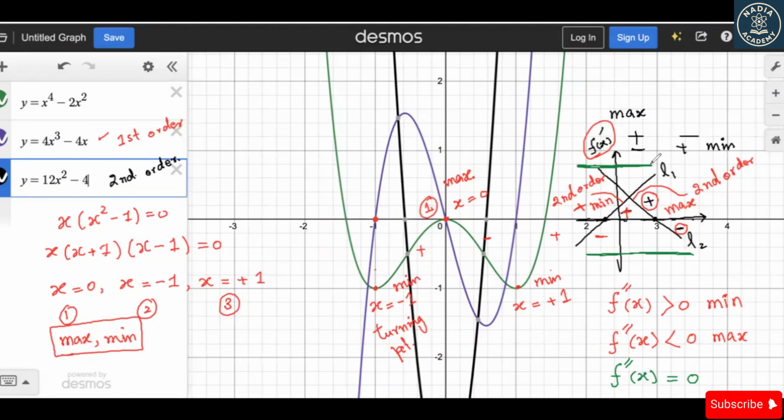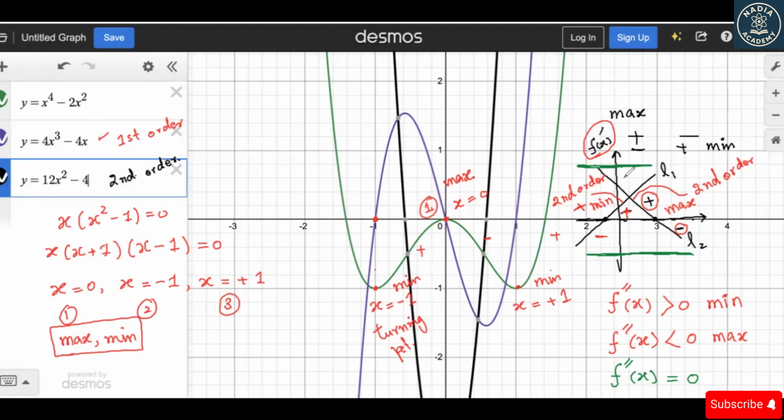Either it is always negative, or it is always positive. So the first order derivative is not changing its sign.